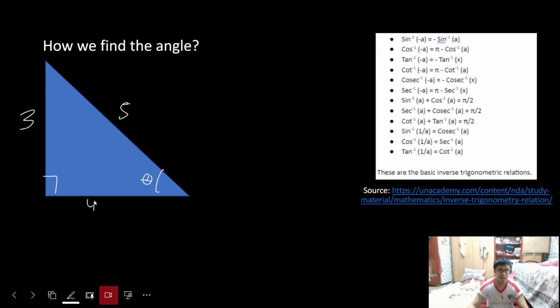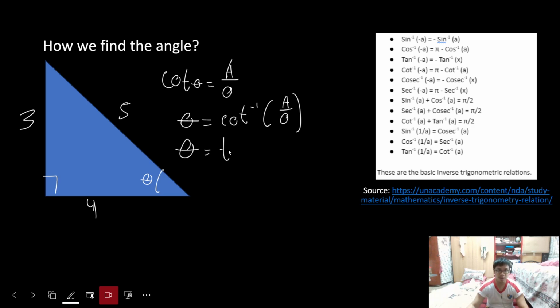Now, let's try the last one, which is cotangent theta. For your cotangent theta, we will have adjacent all over O. To find the angle here, theta is equal to arc cotangent of A all over O. Now, we can get its equivalent, which is theta is equal to arc tangent of 1 all over A all over O. So this one we can now substitute.